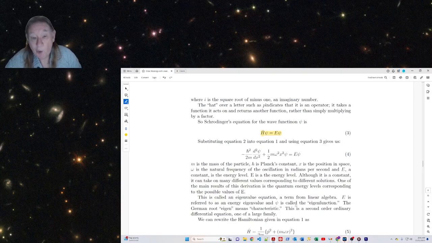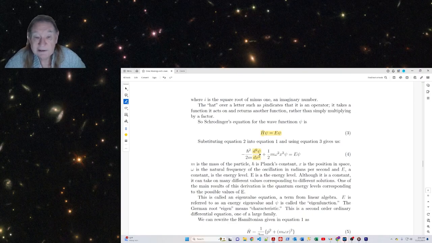Now, equation 4 here is a second order, linear, ordinary differential equation. Second order because right here we have d by dx squared. We take the derivative and then we get a result, and we take the derivative a second time. So that makes it a second order differential equation.